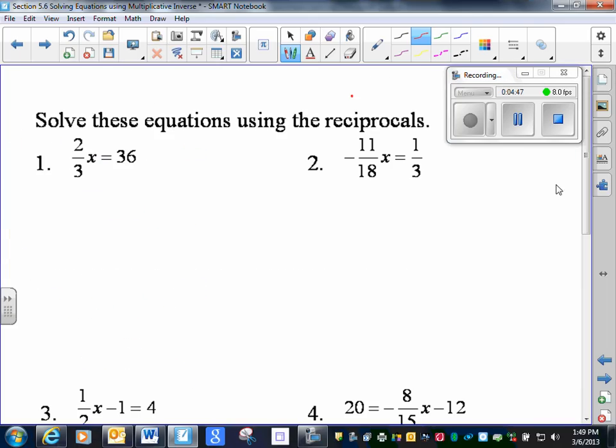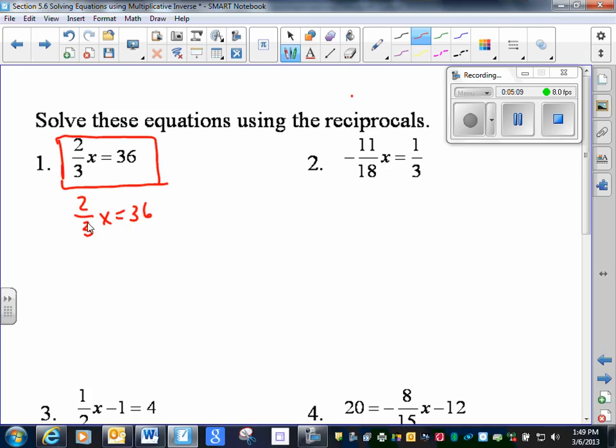So we are going to solve these equations a little bit differently because the coefficient in front of the variable is a fraction. So when you rewrite it, you're asking yourself, okay, the variable's not alone. He has a fraction in front of him.